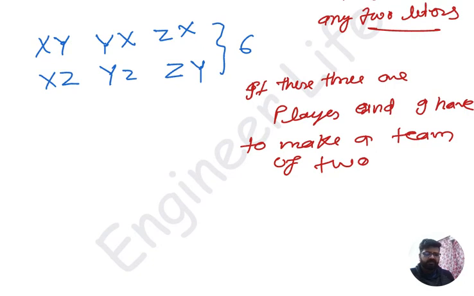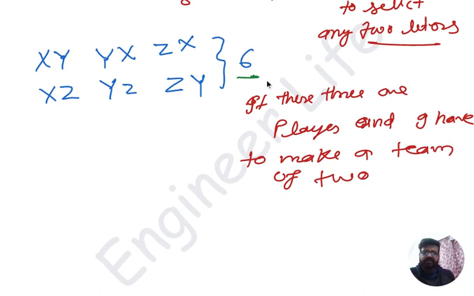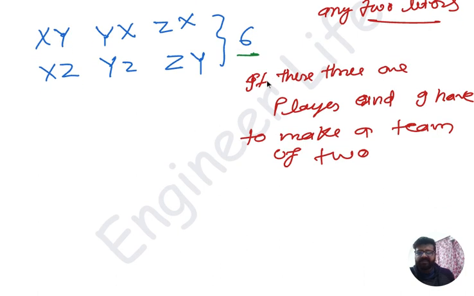Earlier I took them as letters, and I had to choose any 2 letters and make the arrangements, so I found 6. But now I consider them as players, and I have to make a team, and the team will consist of 2 players. So look here. If I choose players X and Y, or Y and X, are these teams the same? These 2 teams are the same, so I will consider this as a single team.